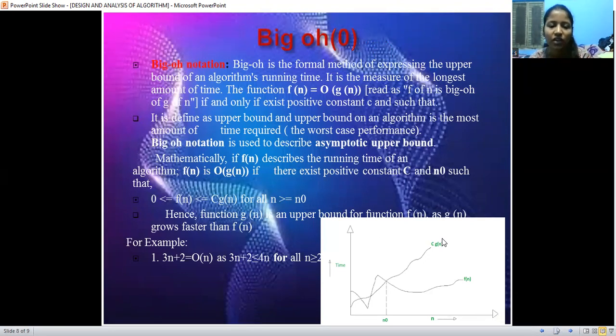Hence, function g of n is an upper bound for function f of n, as g of n grows faster than f of n. For example, 3n plus 2 equals big O of n, as 3n plus 2 is less than or equal to 4n for all n greater than or equal to 2.